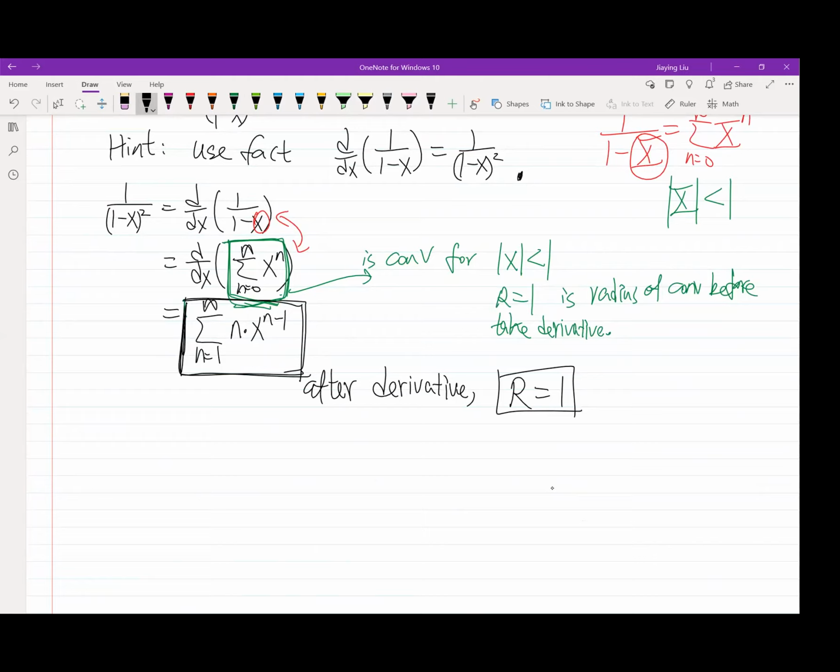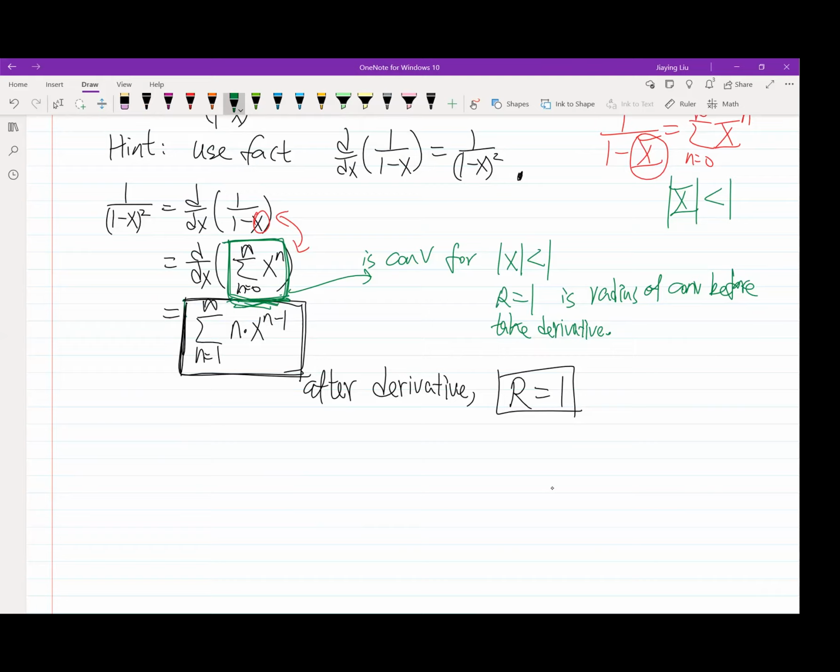How did we determine that R is equal to 1? Well, consider the series in the green box, right? That series is convergent for absolute value of x is less than 1, because you can think about this as a geometric series, right?